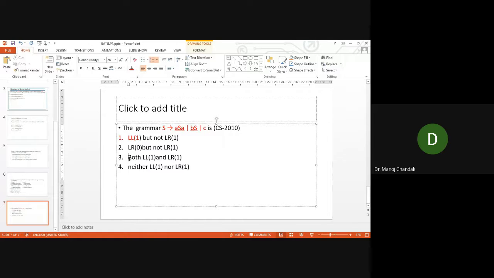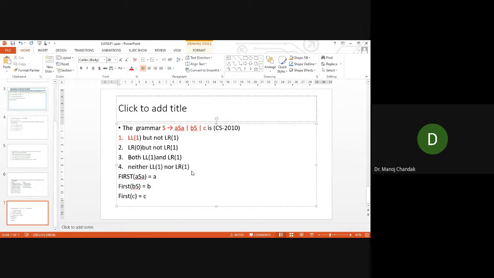So proving the grammar LL1 is very simple. What you need to do is take the production rules, and for every production rule find the first, just like we did here. Let me write it for you also. First of ASA is equal to a, first of BS is equal to b, and first of c is equal to c.